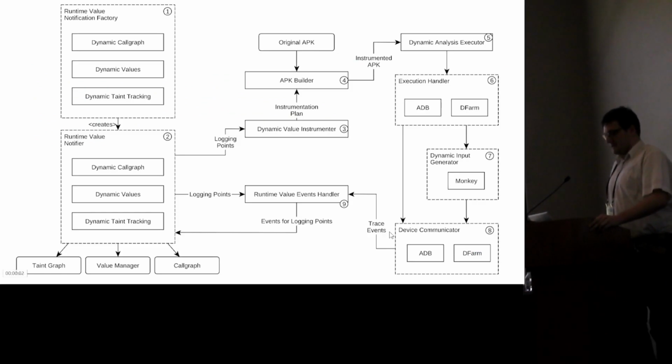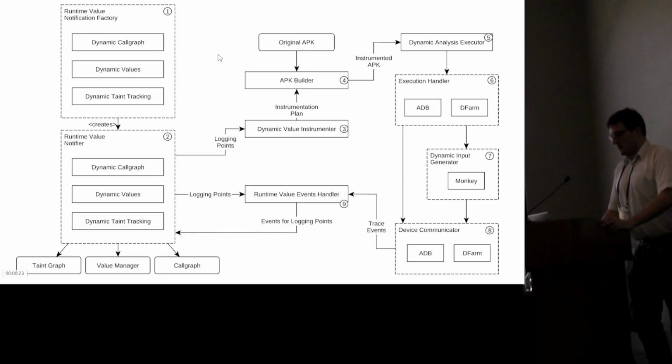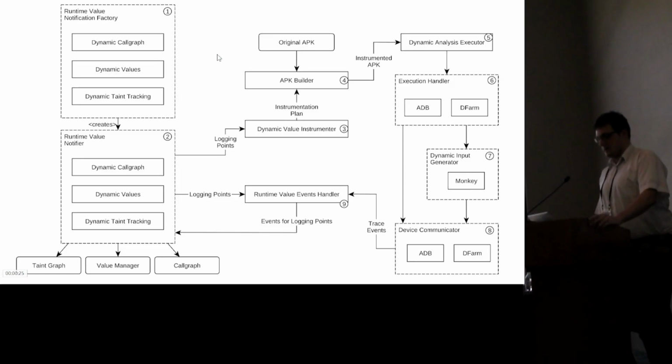So our approach is rather simple. Actually, it looks more complicated than it is. We have a plugin-based modular architecture, and we have different types of notification factories, we call them, which are basically handling the different types of problems we want to solve, like call graph values, taint tracking, and they create a new instance for each app that we want to instrument, and they get queried by the dynamic value instrumenter for their logging points.